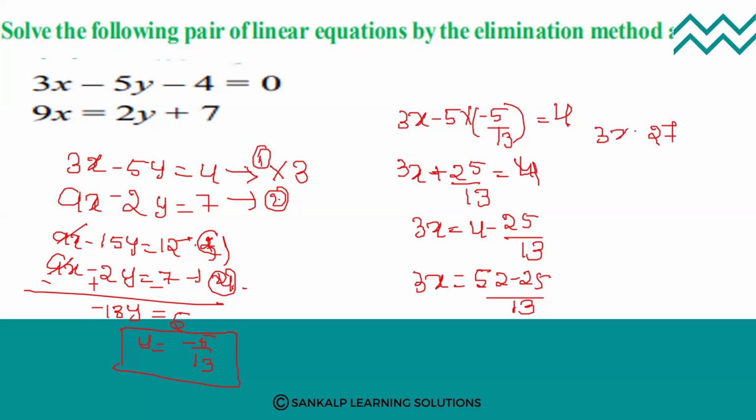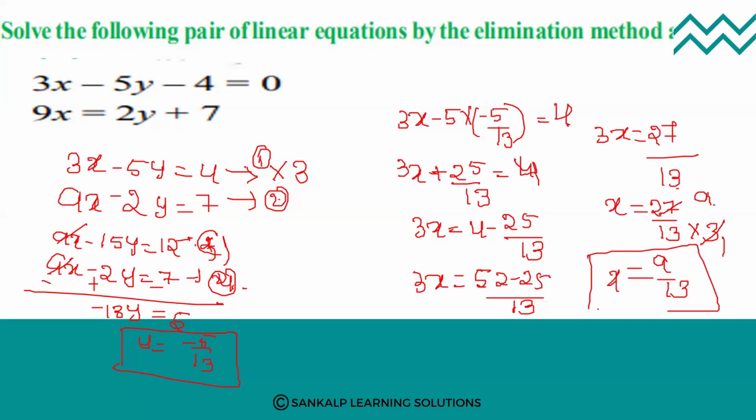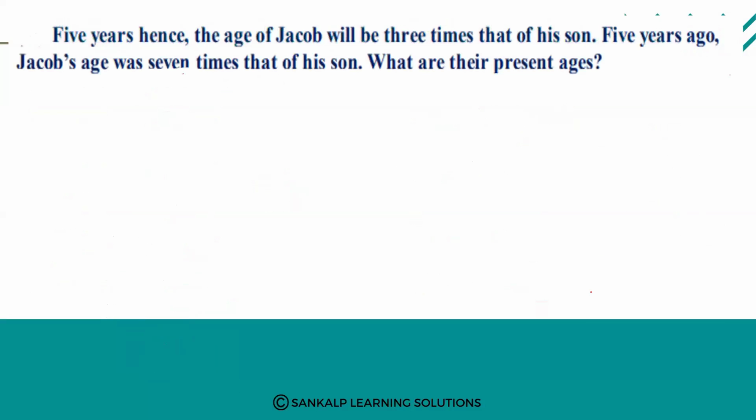So 3x is equal to 27 divided by 13. Now transfer this 3 to this side, so 27 divided by 13 into 1 by 3. 3 ones are 3, 3 nines are 27, so 9 divided by 13. 9 divided by 13 is the value of x and minus 5 divided by 13 is the value of y. This is by the elimination method.